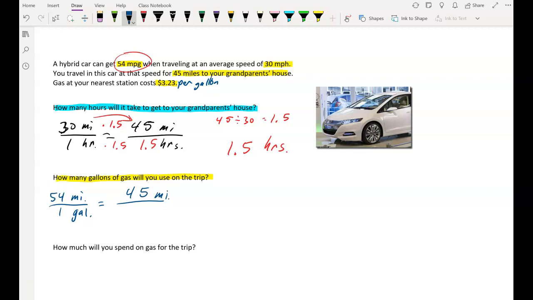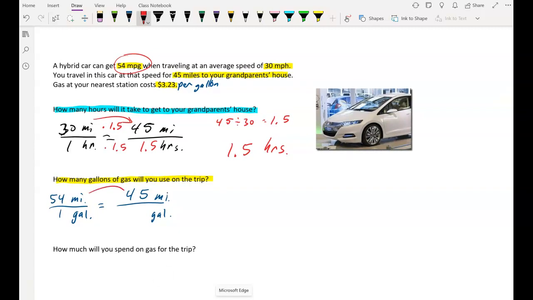So how many gallons will that be? Well, again, we're having to use scale factor kind of to get from 54 to 45. 54 to 45, what am I going to multiply by? Well, to find that out, I'm going to take 45 and divide that by 54.